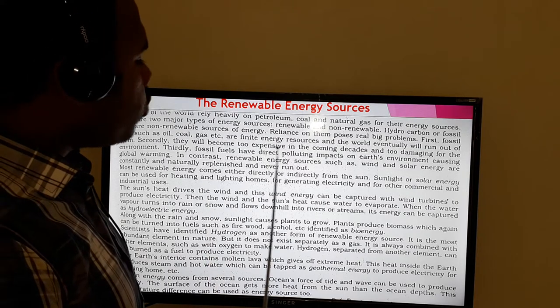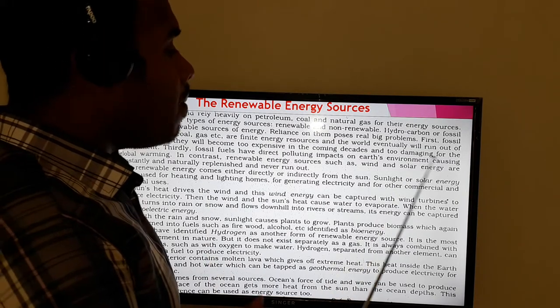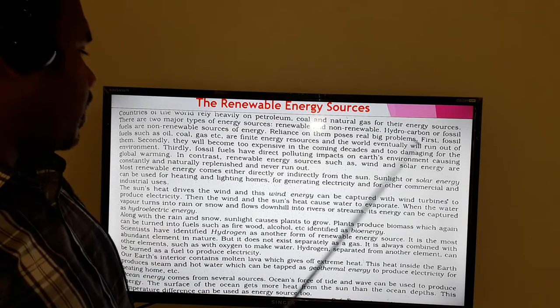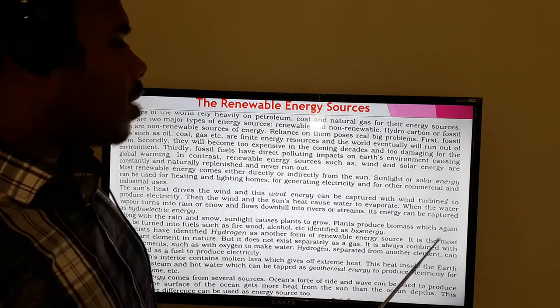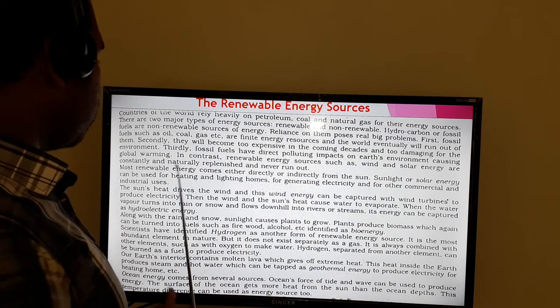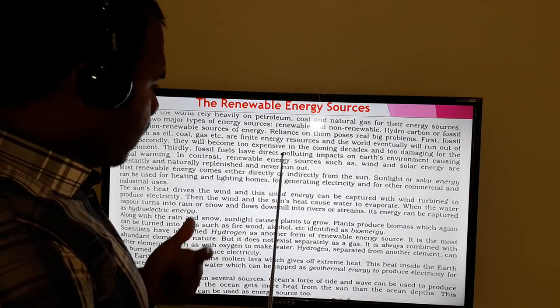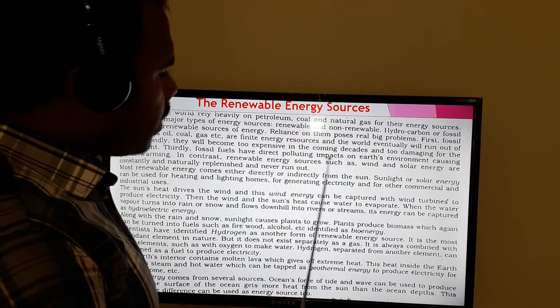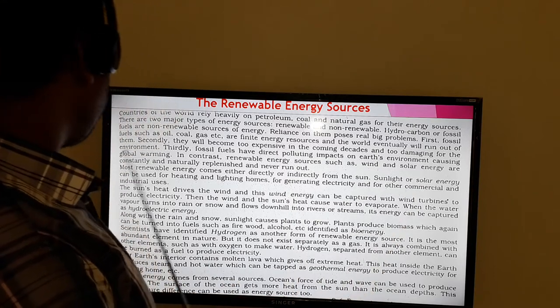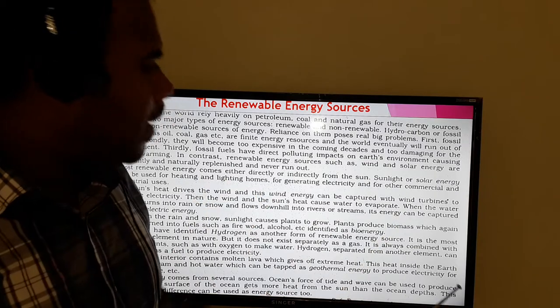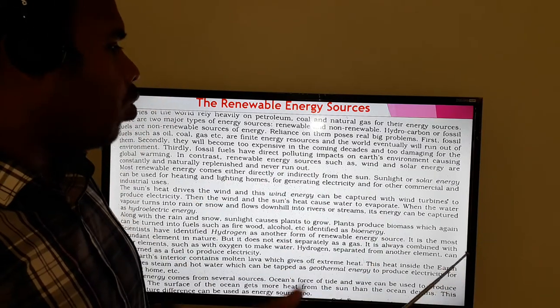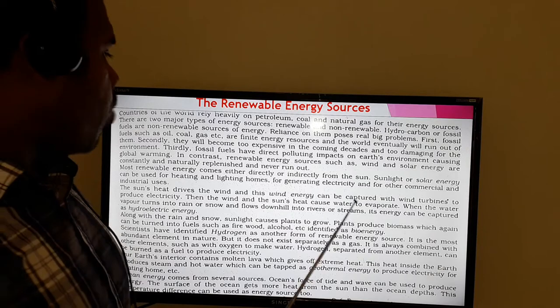Secondly, they will become too expensive in the coming decades and too damaging for the environment. Most importantly, it will come to an end and it is very harmful for our environment. Thirdly, fossil fuels have a direct polluting impact on Earth's environment, causing global warming. That plays a great and vital negative role in creating global warming problems.